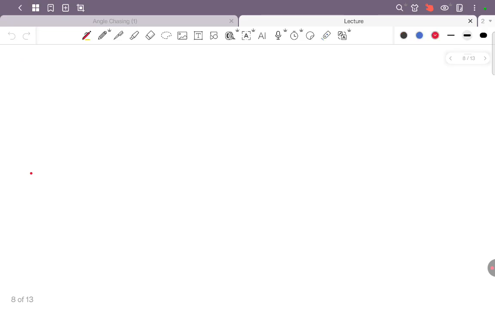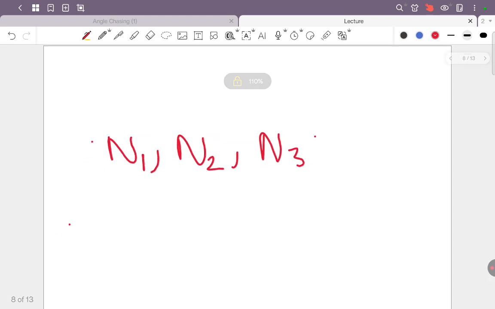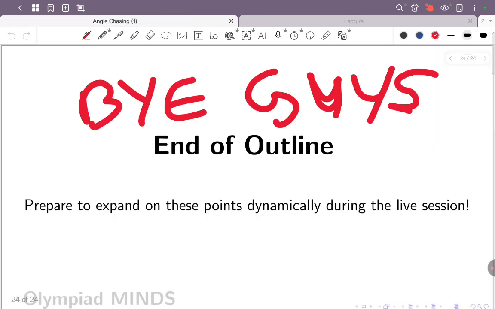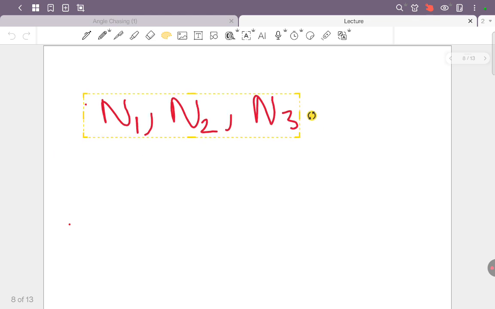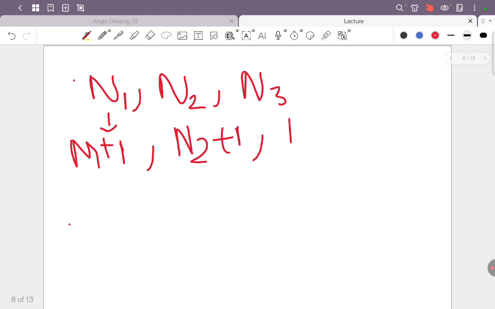See, let's say there are 3 numbers, n1, n2, and n3. Now you subtract this by 1, subtract this by 1, and you add this by 2.